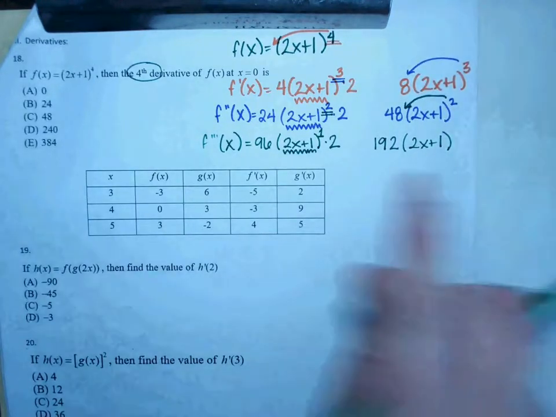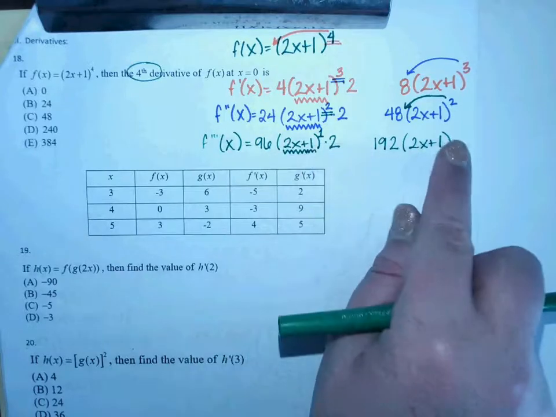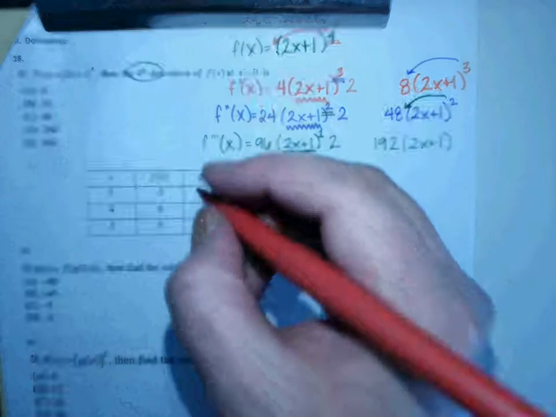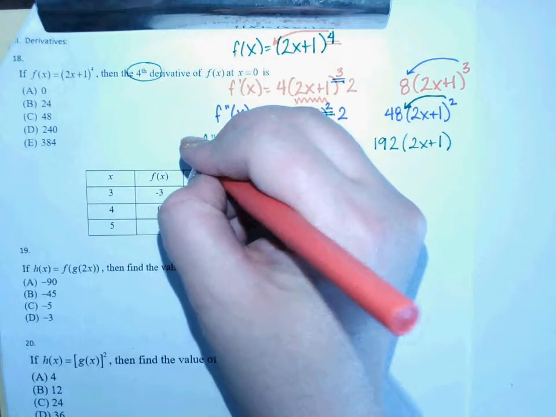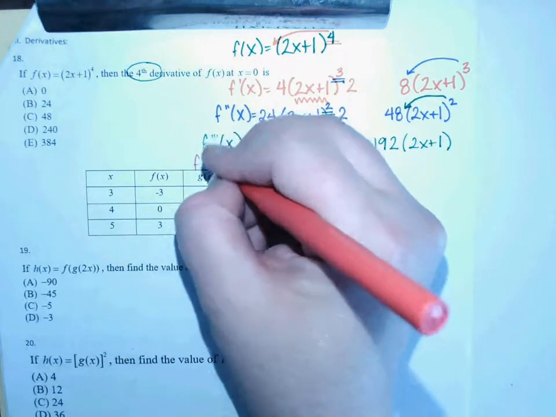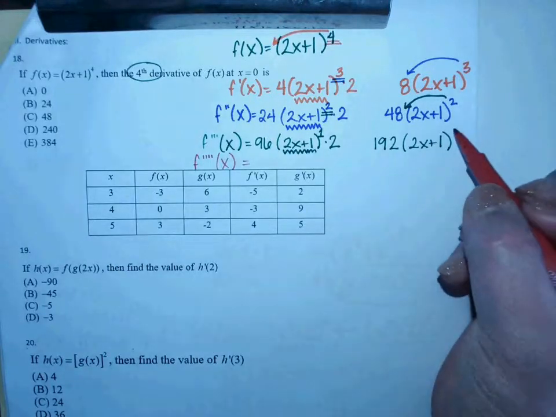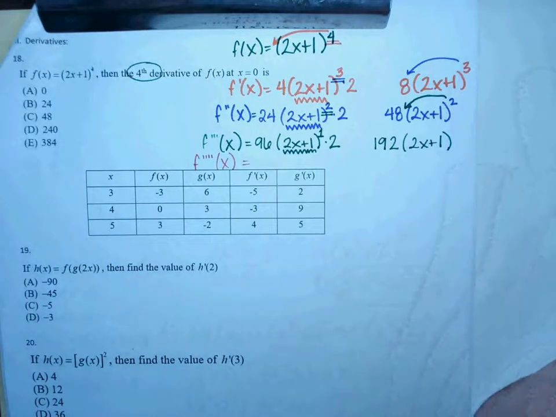Now, notice at this point, when it's a power of 1, I don't really have to put anything here. So when I go to take the derivative again, I want you to kind of think creatively. This is the whole reason we're doing this one. My fourth derivative, 1, 2, 3, 4. If I want to do the chain rule, I can, right? I can put the 1 here and do all the things.